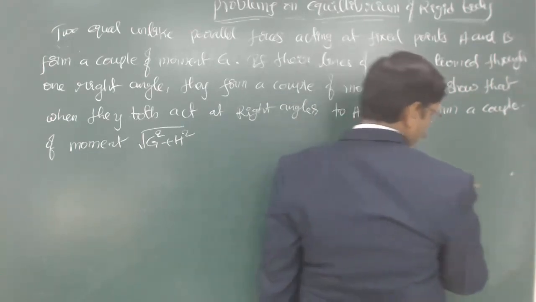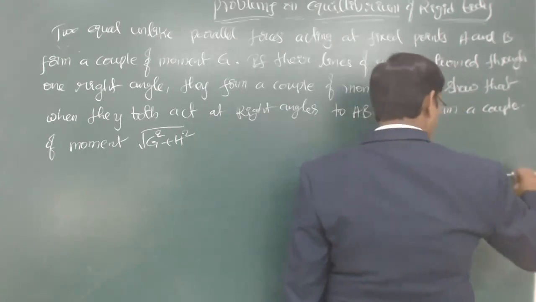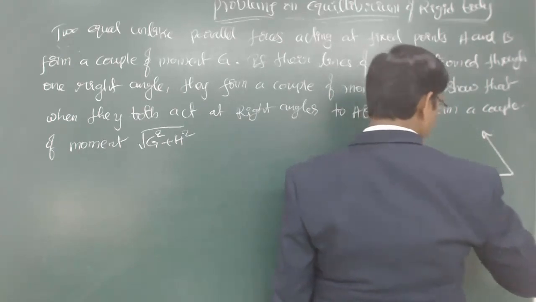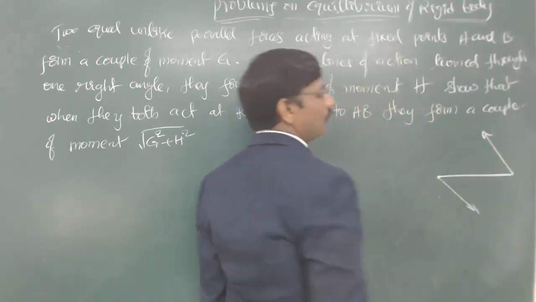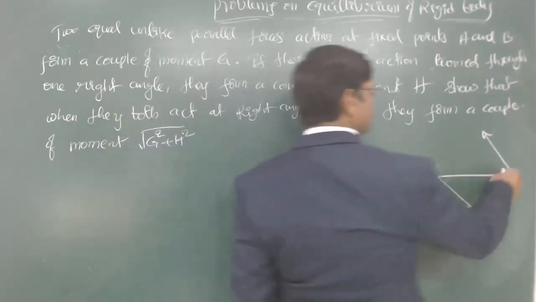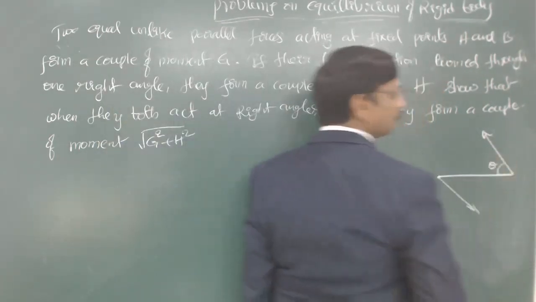Now there are two different forces. Their lines of action are like this, and these two are parallel to each other but in opposite directions. Let us say this is making an angle of theta.